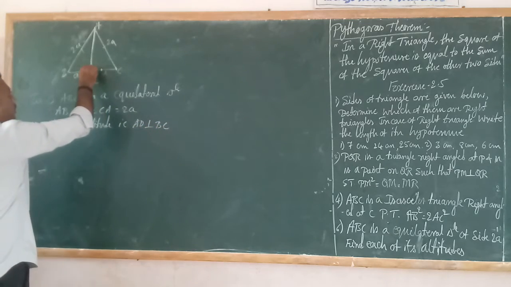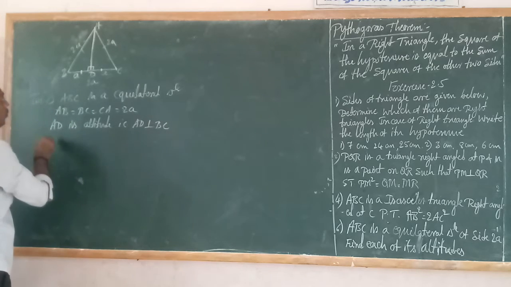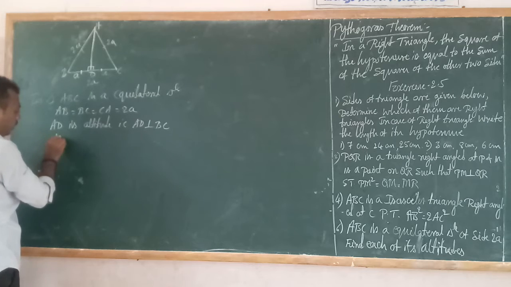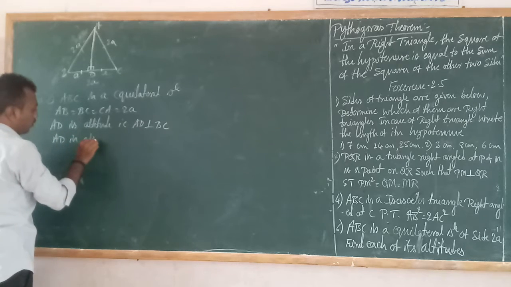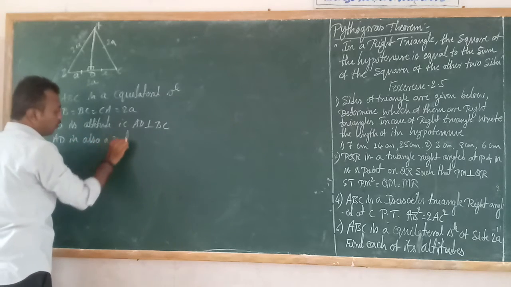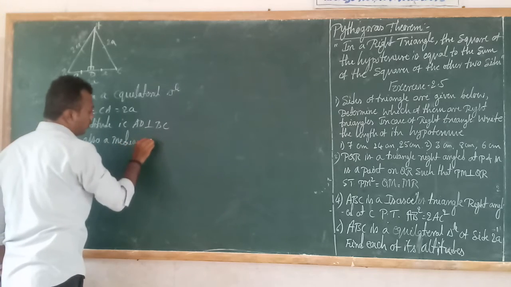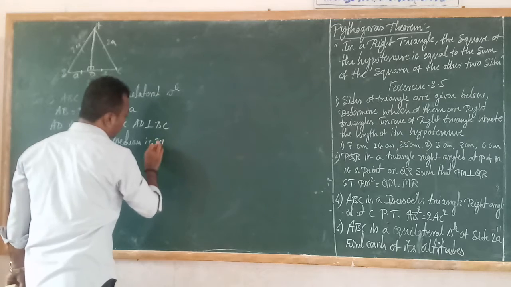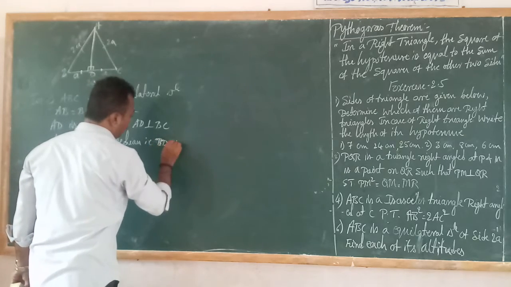Okay, this is altitude and also a median, that is BD is equal to DC.